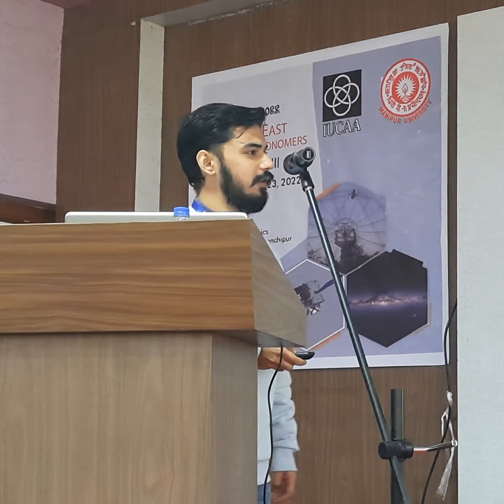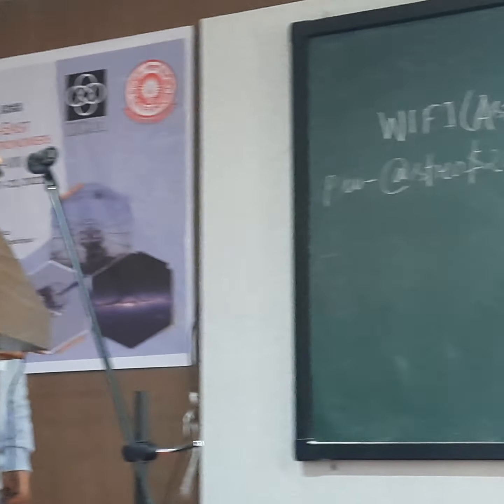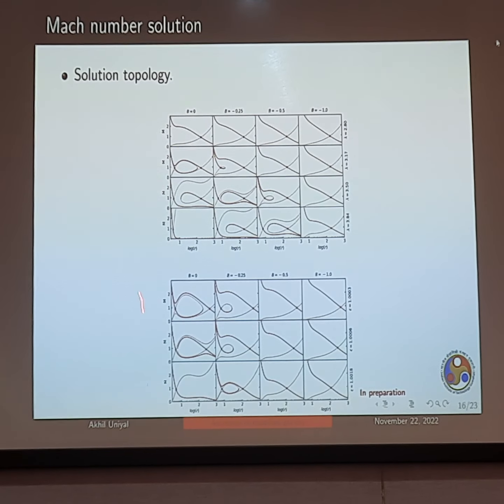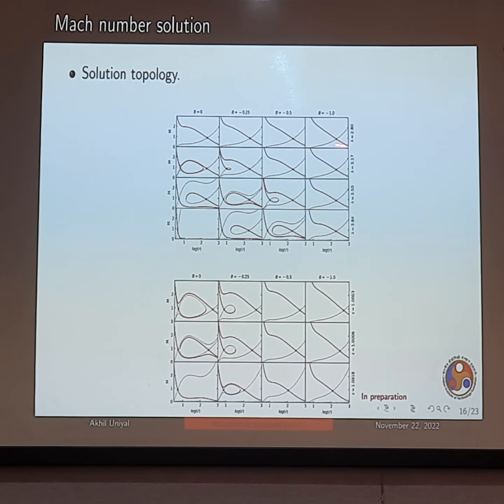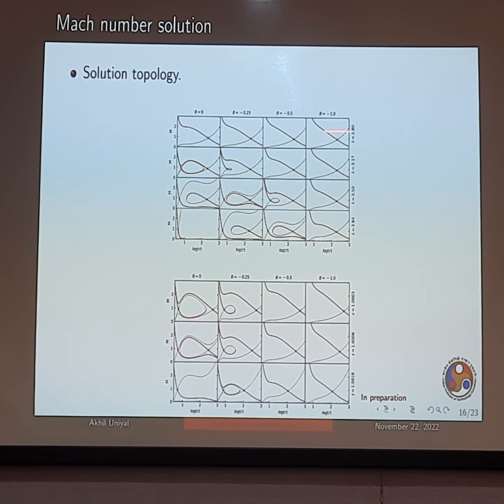I did not emphasize that much. This first plot is for the Schwarzschild case, where you don't have any effect of modified gravity. As you increase the modified gravity, depending upon the angular momentum or energy, the topology changes. For small angular momentum, you don't see any changes.